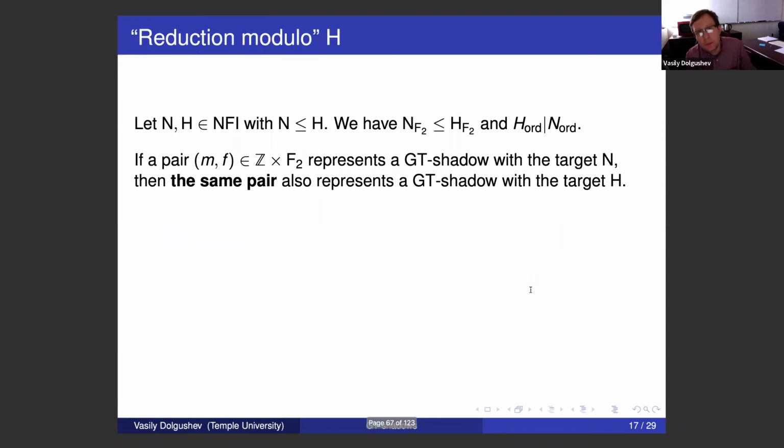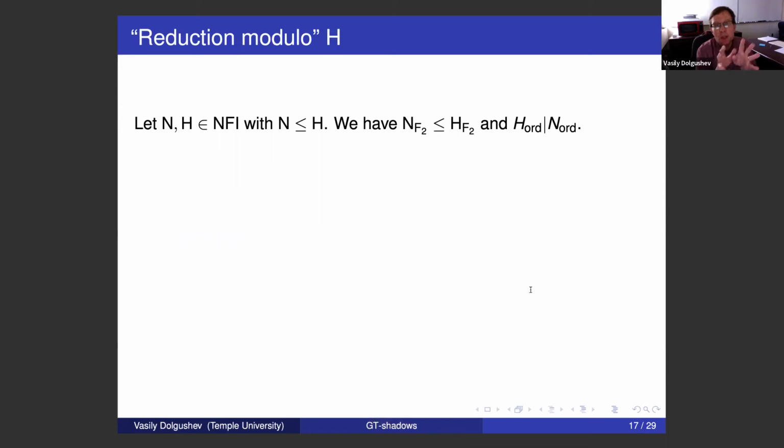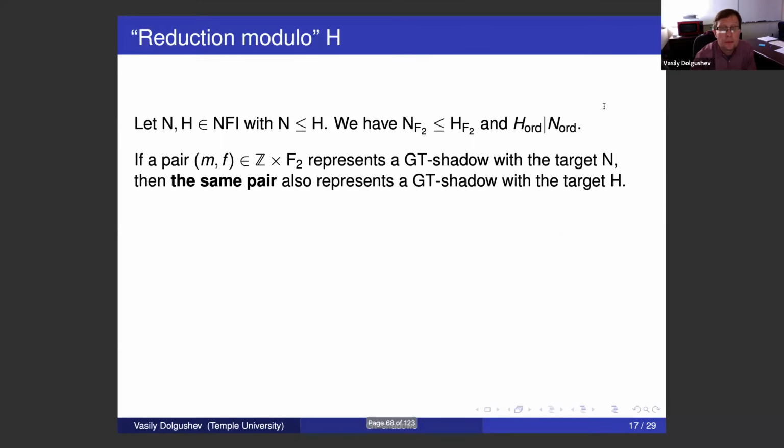It's important to talk about the situation when I have n sitting inside H, just because I have the poset structure, it plays a role. So let's say that I have n and H, and n sits inside H. Then of course n of 2 will sit inside H of 2, and the corresponding integer for H will divide that for n.